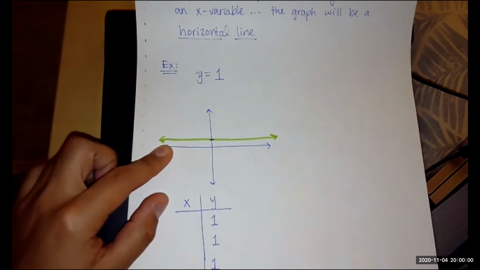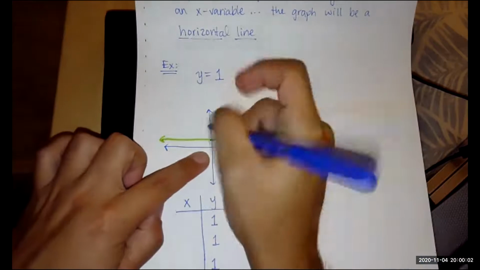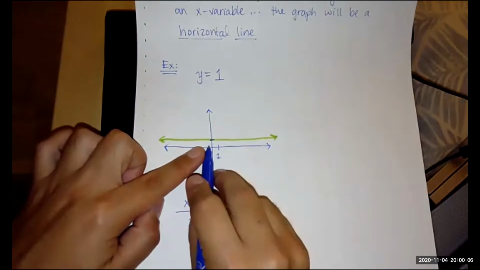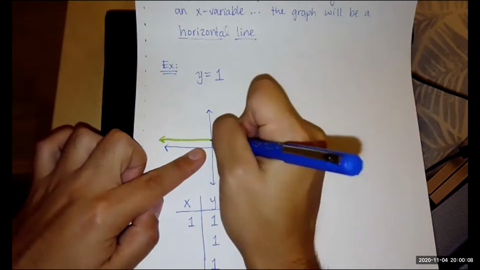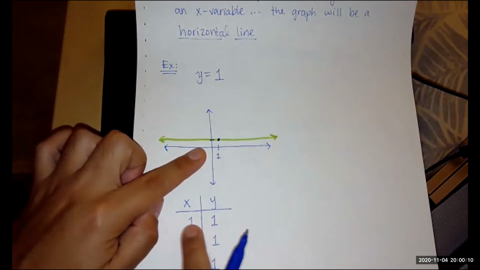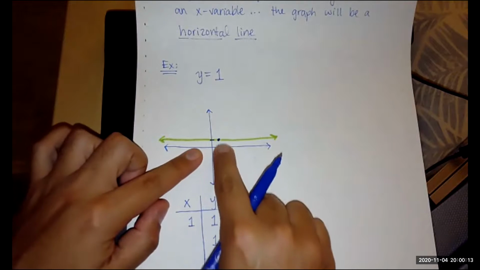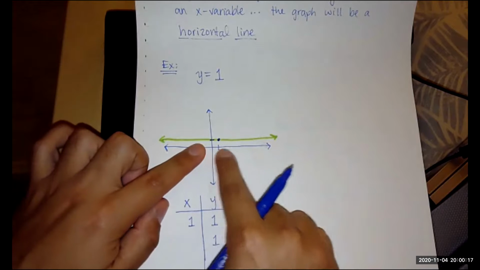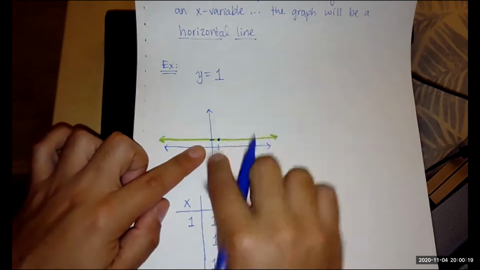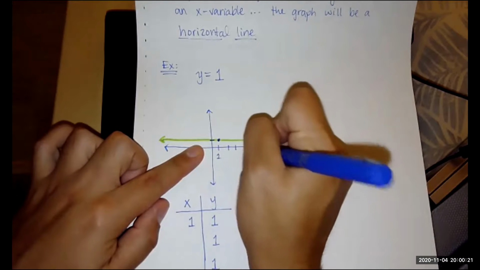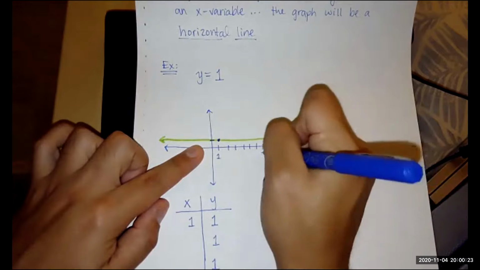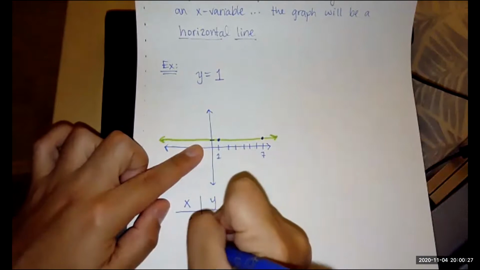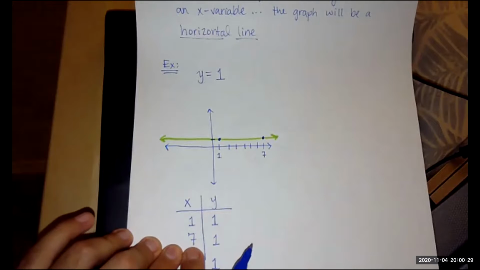It doesn't matter what the x variable is, because if I went to x equals 1, and I went up 1, the point 1, 1, over 1 up 1, is still on my line. If I went over, let's say I went over 7, 1, 2, 3, 4, 5, 6, 7, and then I went up 1, the x variable didn't matter.